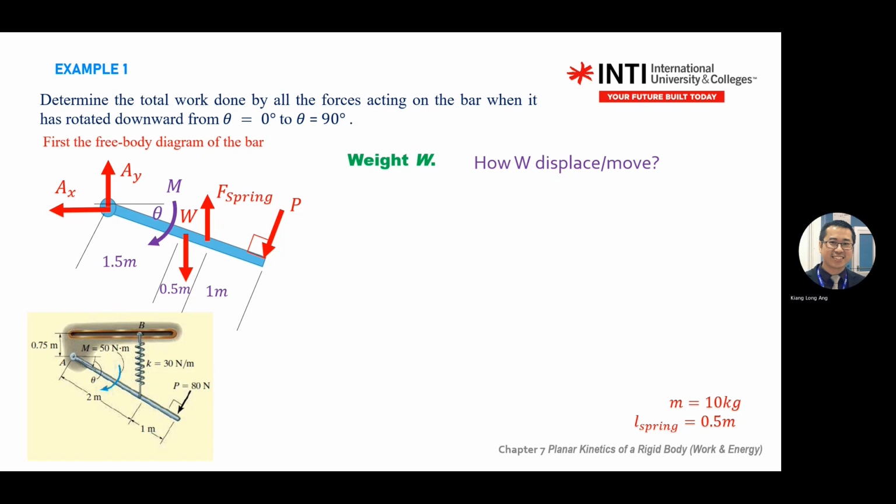Okay. This is your rod. Let's say my W, my weight, is here, at the center, right? My rod is from 0 to 90 degree. This is 0. This is 90. Does my G move or not?